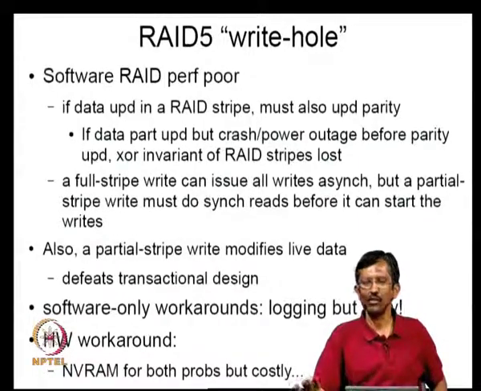And there is always a phenomenon in disks that if you read, there is no guarantee that you will always get correct results. There is always some residual, what is called uncorrectable errors. For example, in disks you have an uncorrectable error rate of 1 bit per 10 to the power 15 bits. Memory also has similar numbers, even if you use ECC.